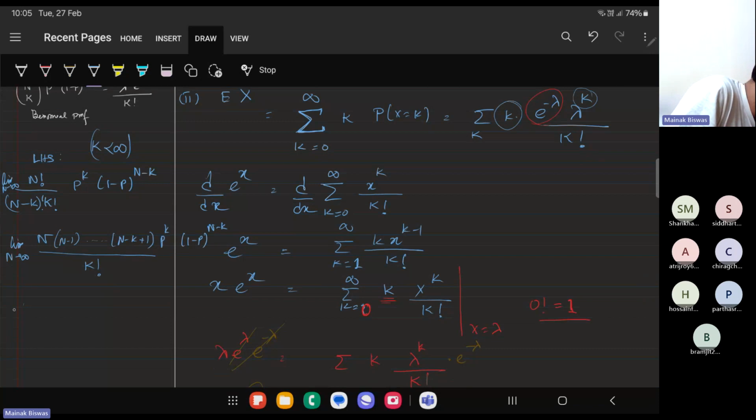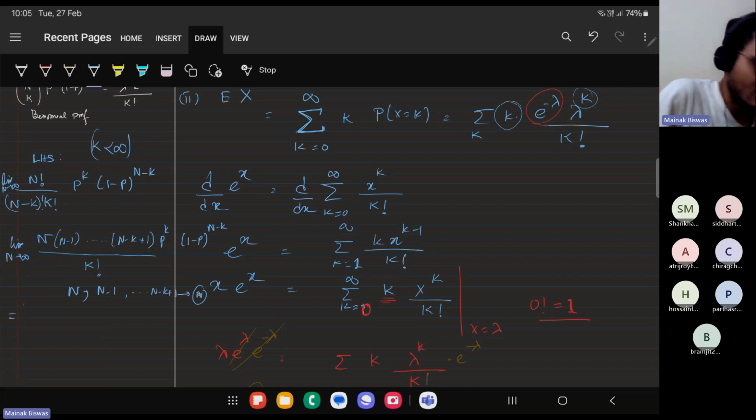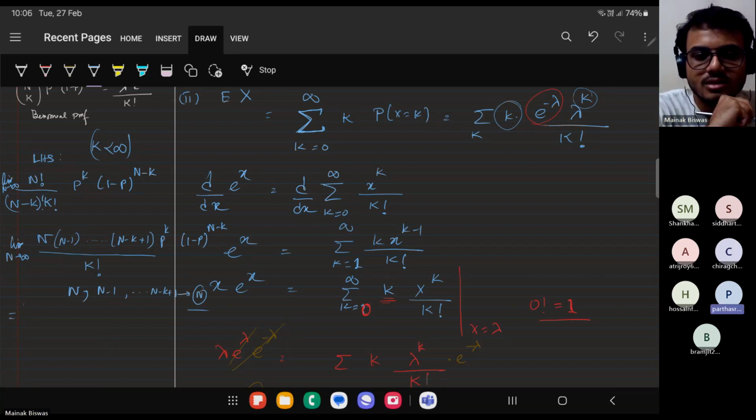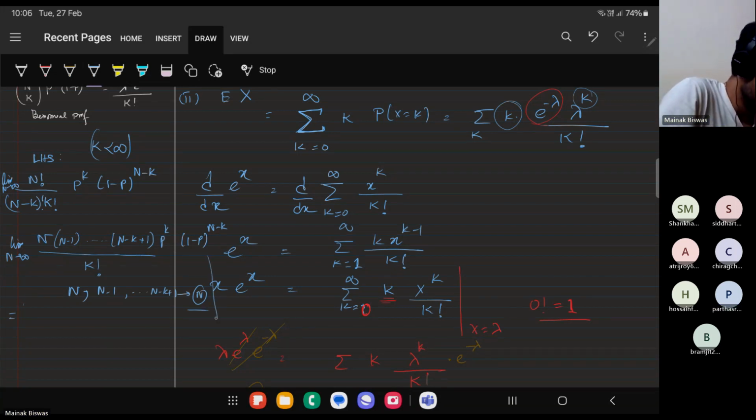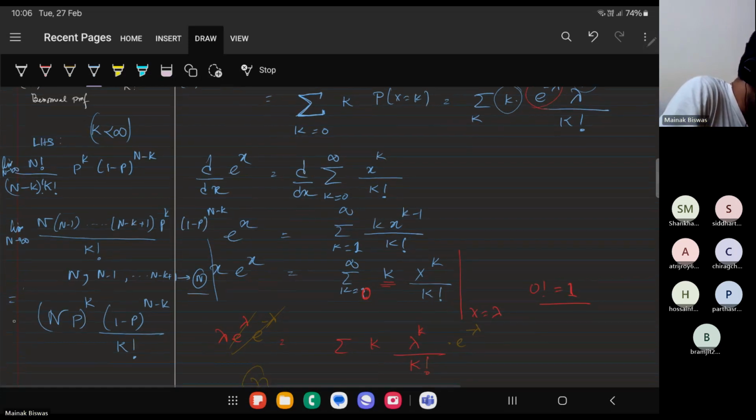I just did algebra. Now, do you agree n, n minus 1, dot dot dot, n minus k plus 1 all tend to n as n tends to infinity? Yes. So I can write np to the power k into 1 minus p to the power n minus k by k factorial, limit n tends to infinity.